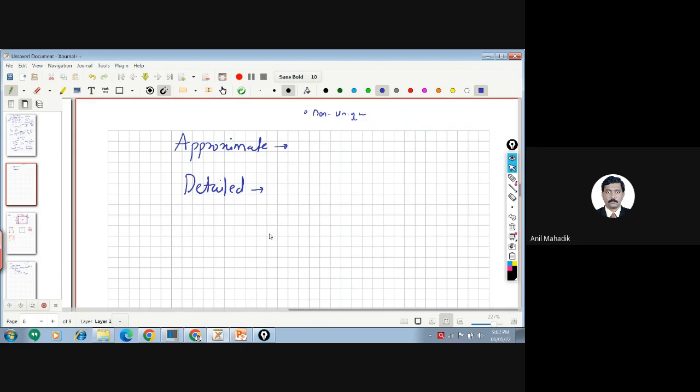Any other? See, why learn approximate? Because approximate is simple. It is a very fundamental answer, because it is very simple, and simple things only we can understand.